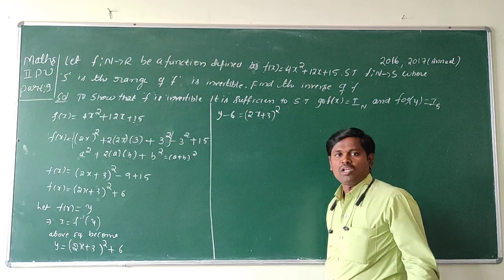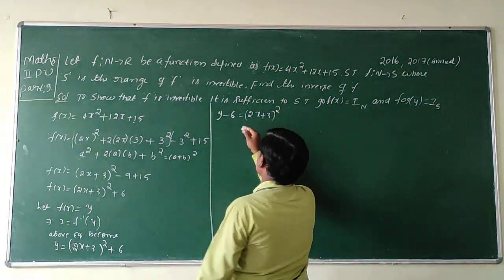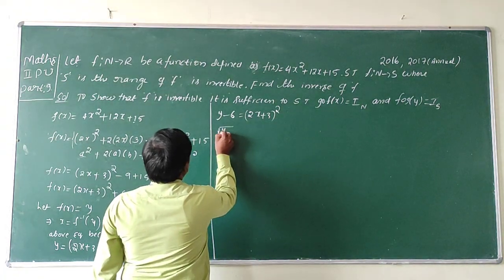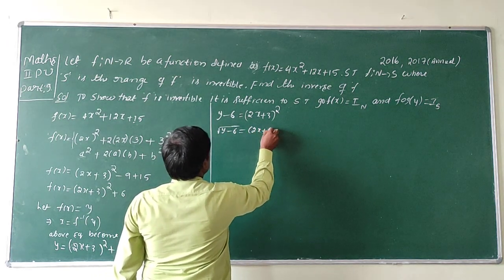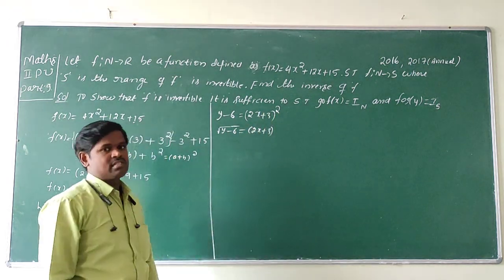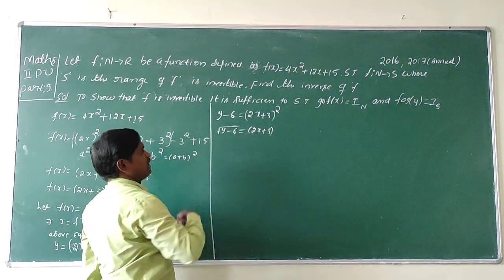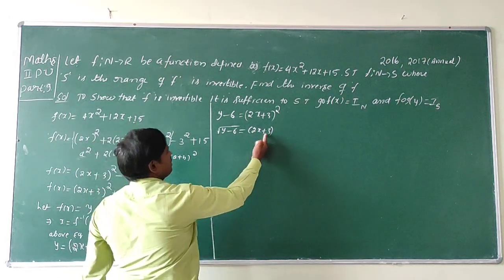Take the root on both sides: root of y minus 6 is equal to 2x plus 3, since the root and square cancel. It remains 2x plus 3. Take 3 to this side.